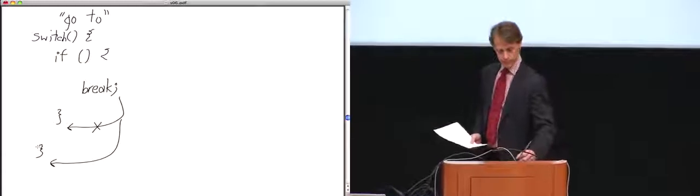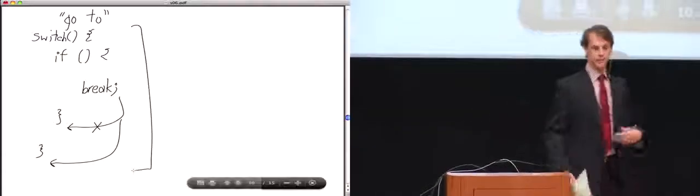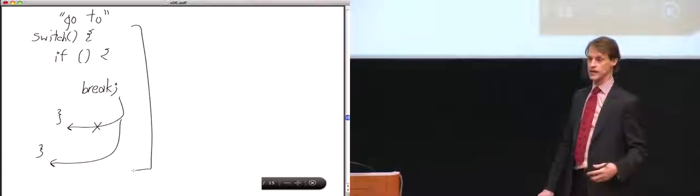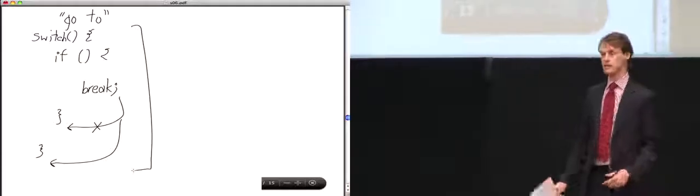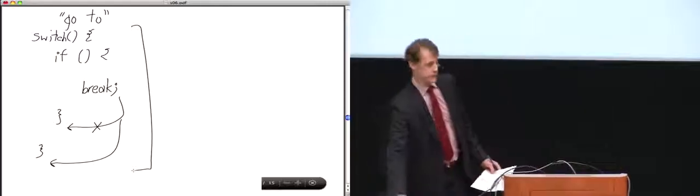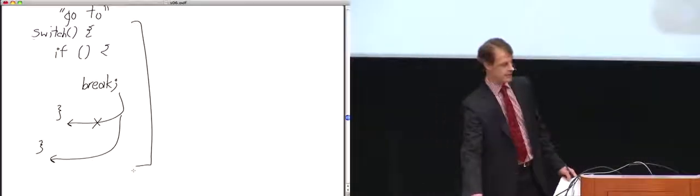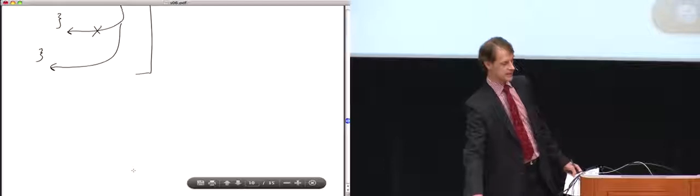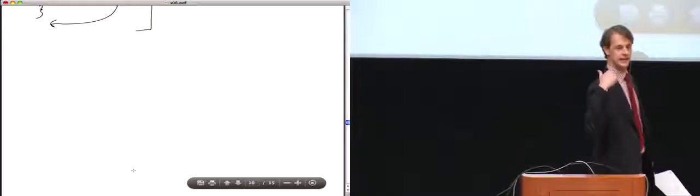I should mention, this code was actually written in C, but Java's semantics and syntax for this are exactly the same. So you could make exactly the same mistake in Java. Your TAs will tell you in discussion section about labeled break and continue statements, which are one way to avoid suffering this fate of working for AT&T.